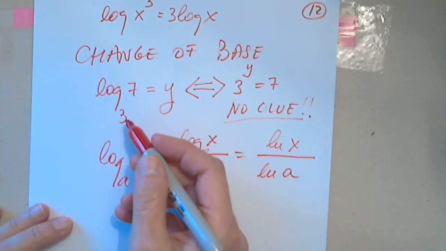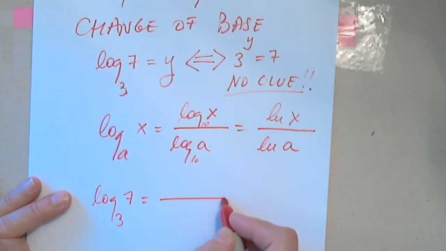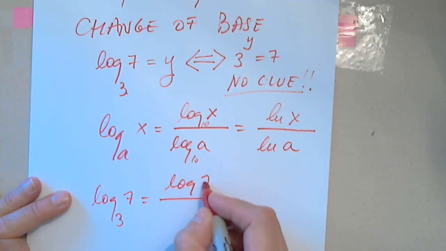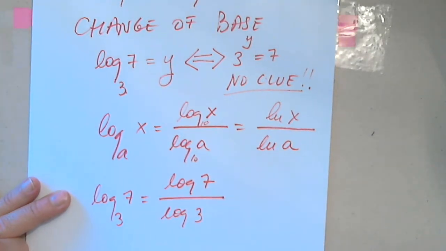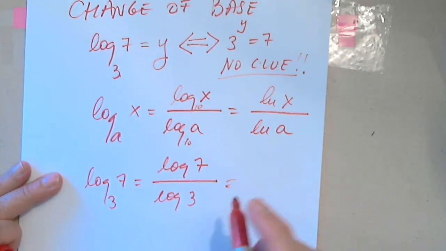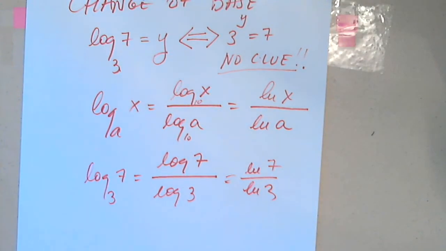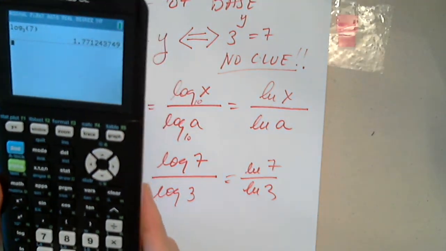So how can I determine that number? Log base 3 of 7 is log 7 over log 3, so log of x over log of the previous base, or natural log 7 over natural log 3. Not both. You choose the one you like. It's going to give us the same number. So let's try.